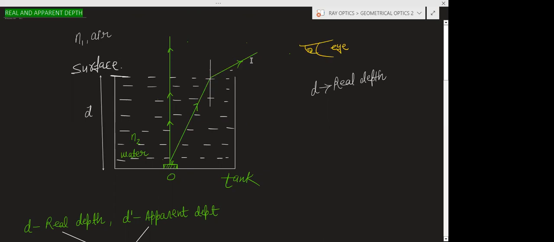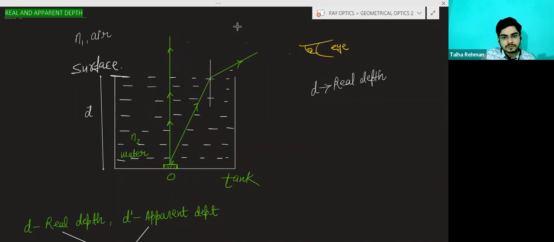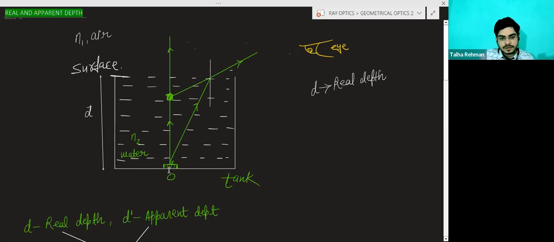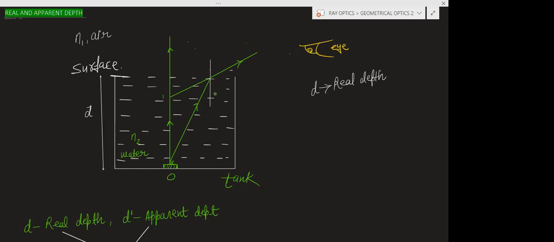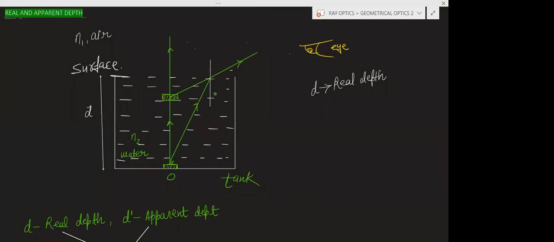When you produce this ray in the backward direction, somewhere here you will get the image of this object. So this object will appear here, and it is appearing here due to the refraction of light.